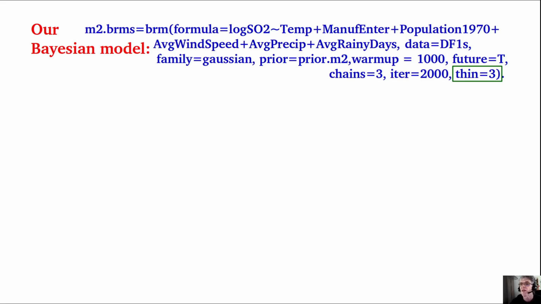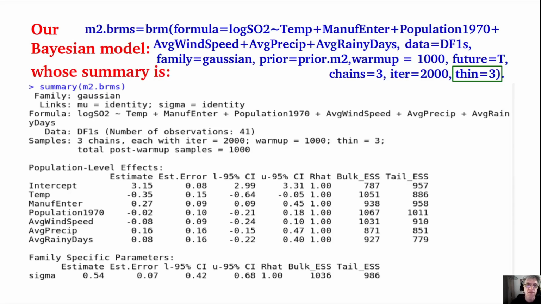This is an important feature to reduce the autocorrelation in the parameter estimates, because we are using a Markov chain to generate the successive values. So this may be of interest in other models. It will not be of interest in this one, but I wanted to mention the existence of this possibility.